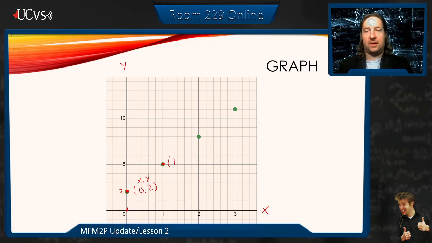Position 1, we added 3 to it, so we get to 5, and then 2, 8, and then 3, 11. Notice again we have our starting point at 2, and we're going up 3 each time. We're adding 3 as we go over 1.